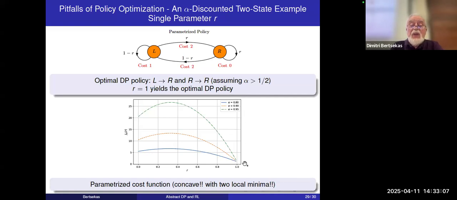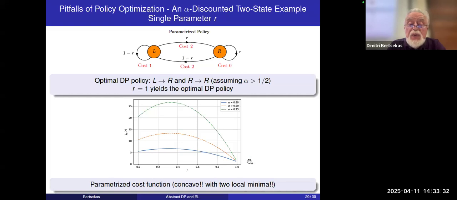If you look at this figure here, I'm showing the cost function corresponding to a policy for the value R, okay? So R equals 1 is over here and corresponds to the optimal policy, where you always move to the right state.